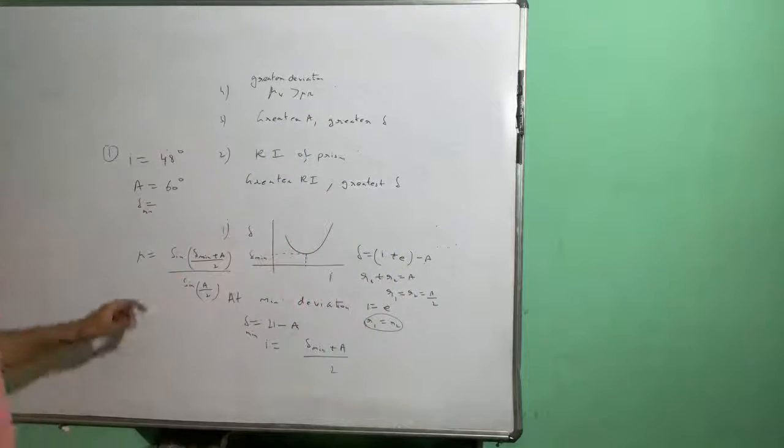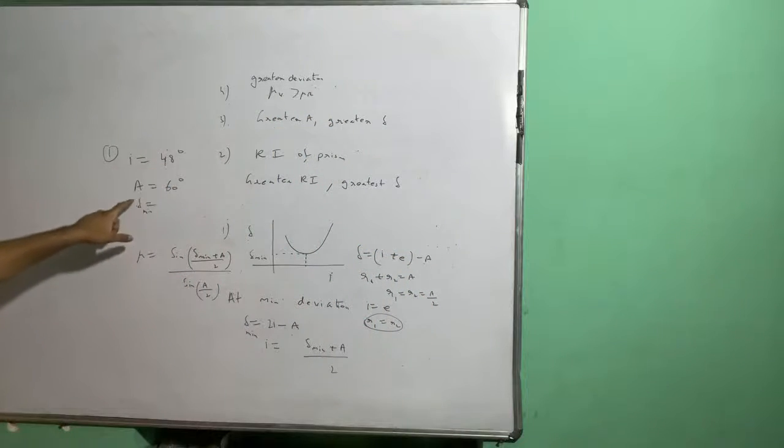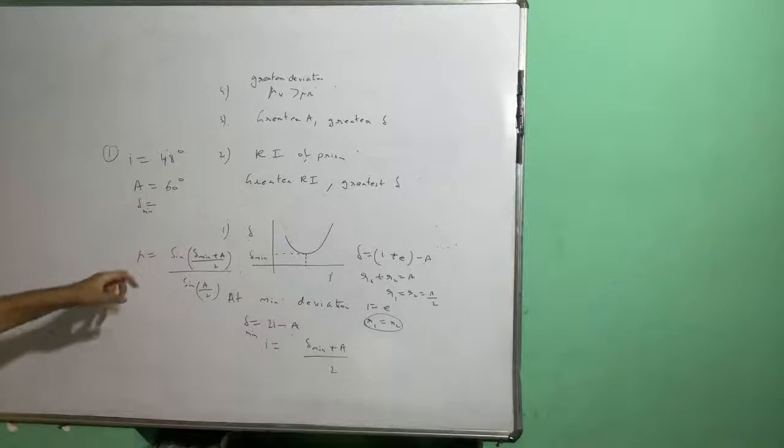Okay, so first question: if the angle of incidence is 48 degrees and the angle of the prism is 60 degrees, you have to find the minimum deviation.